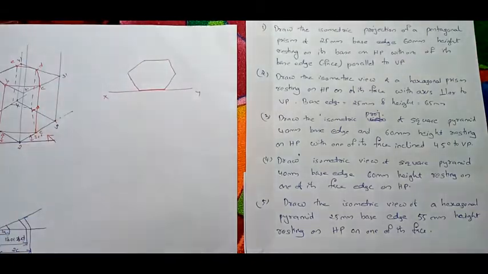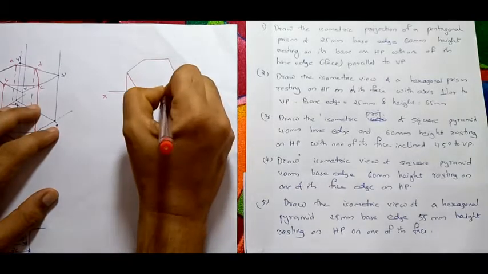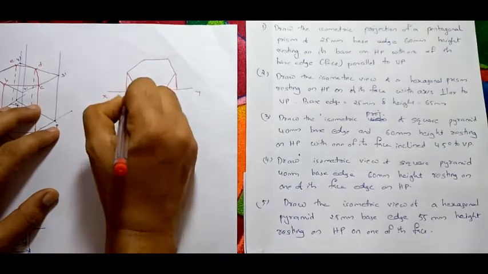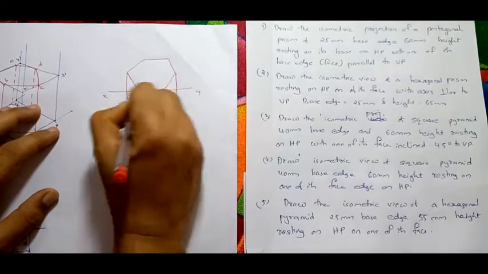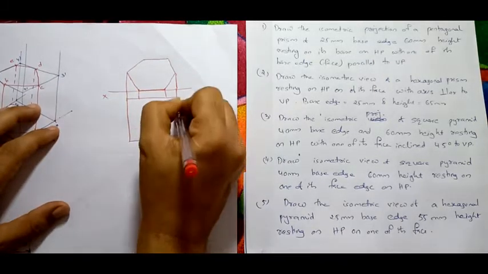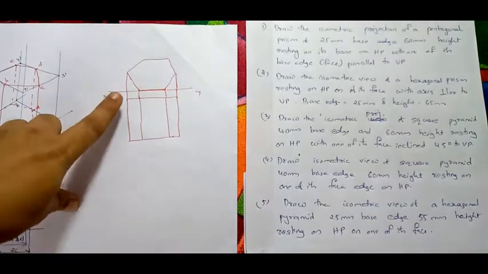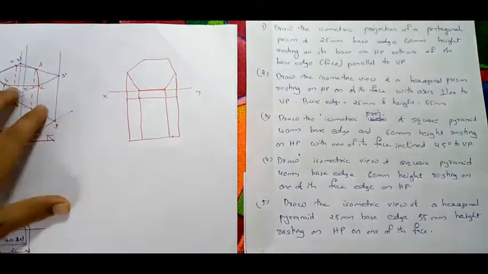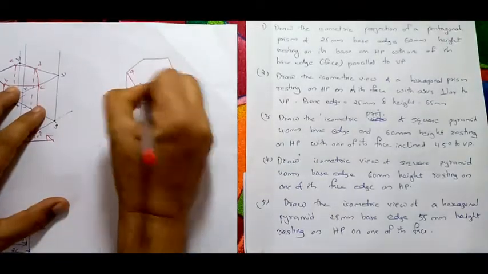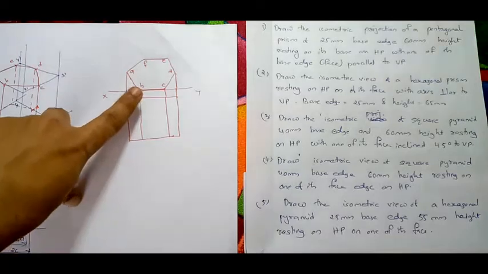Now from here project downwards and complete the view. A, B, C, D, E, F. This will be your front view and top view.